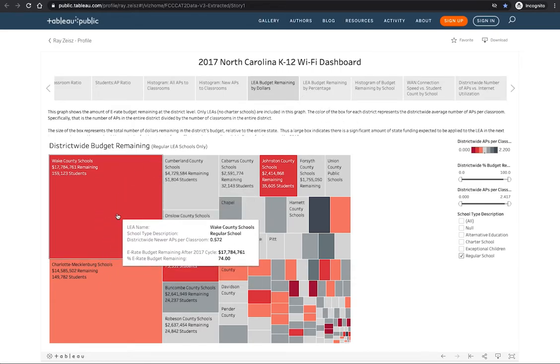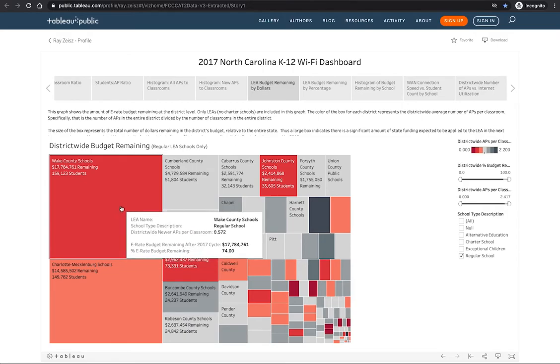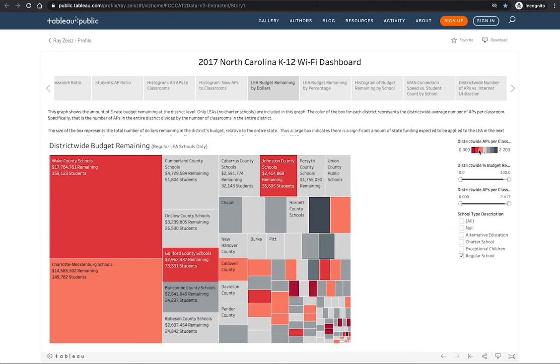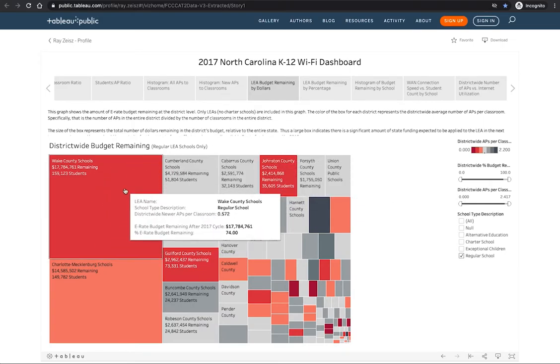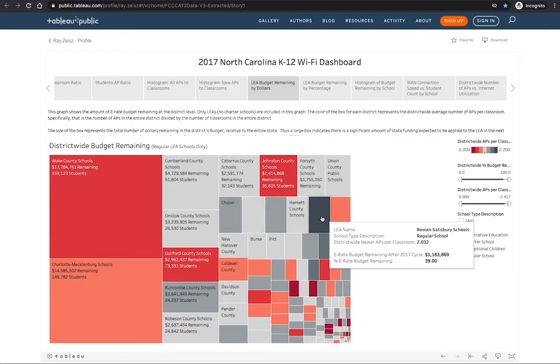So a large box here meant that they had a large amount of money available, and a red box means that they had a low ratio of access points per classroom. So a large red box got a lot of attention because that meant that they had money and they had need. Contrast that with a smaller dark box, that meant that they had money left over and they had a good ratio. So here this Rowan had 2 AP per classroom ratio and still had 39% of their budget remaining.